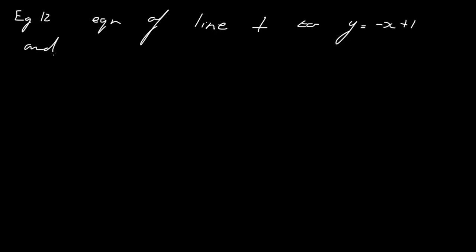Example 12. Once again, calculate the equation of a line perpendicular to y equals negative x plus 1 and that passes through the point (3, 1).